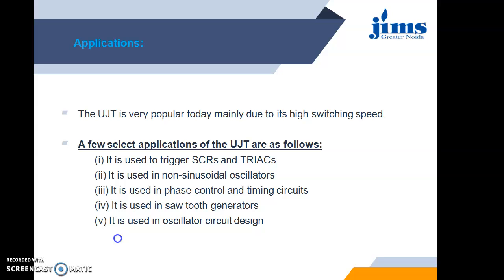Now it is a very popular device, and it is mainly used for high-speed switching. Based on that, there are a few applications of the UJT: it is used to trigger SCRs and triacs, in non-sinusoidal oscillators, in phase control and timing circuits, in sawtooth generators, and in oscillator circuit designs.